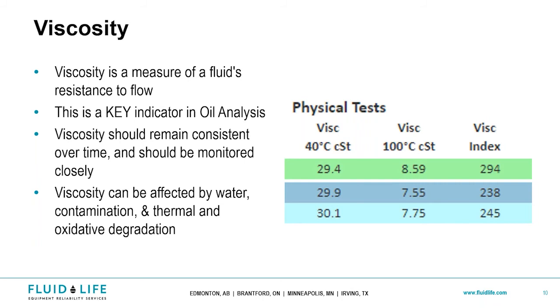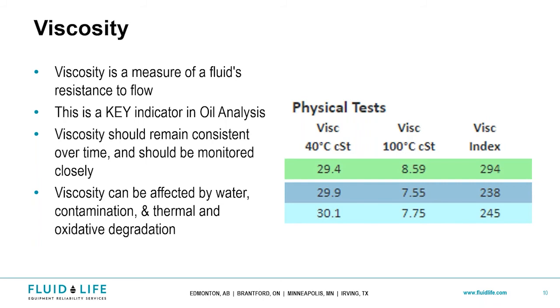Something to keep in mind here, do what's recommended as per your specs with your operation manuals, and make sure your lube providers have wind turbine specific applications for gear oil and hydraulic oil. Looking over at the little report screenshot here, you can see that we have our viscosity reported in 40 degrees centistokes and the 100 degrees Celsius centistokes, and also the viscosity index.